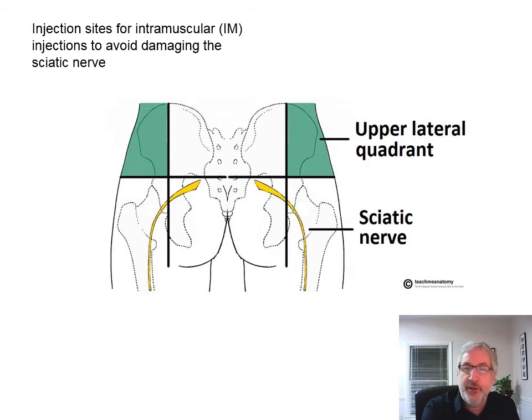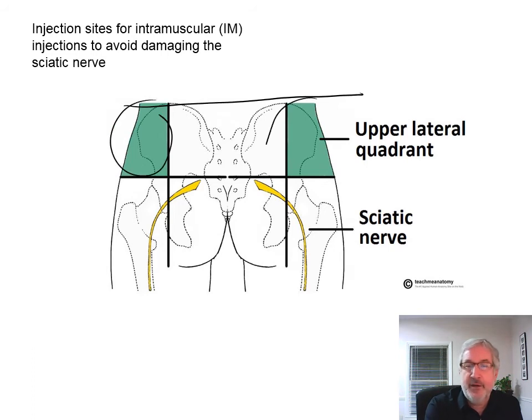So you look at the back side here, and you divide that into quadrants. You look at the iliac crest up here, go across there, and then you want to be in this upper quadrant, either on the left side or on the right side, to do your injection, because if you go down in the lower part, then you have a much better chance of hitting the sciatic nerve. Next slide.